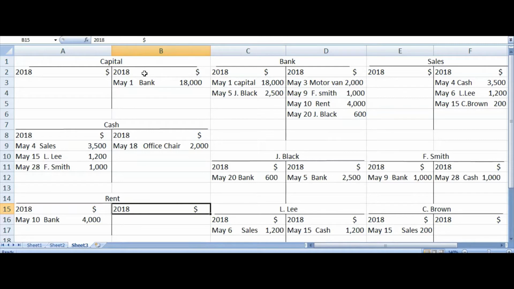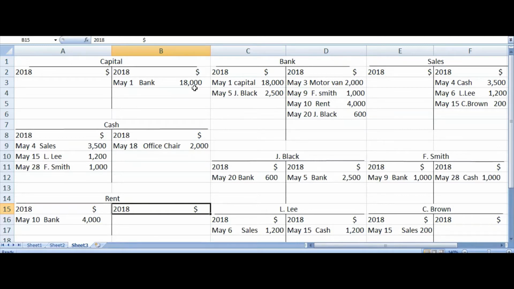We're starting with capital. So on the credit side, we have 18,000, and on the debit side, we have 0. So then and there, the debit side is the side with the least amount.